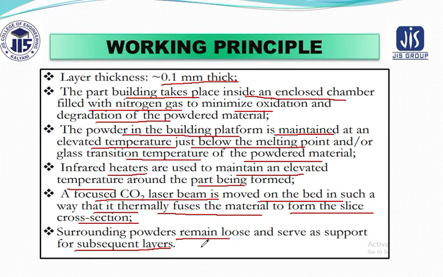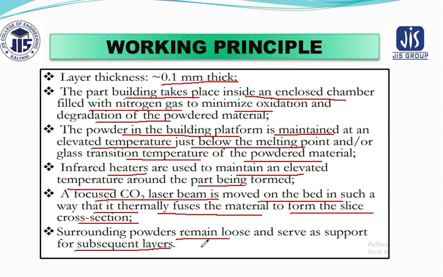And one important thing, which is very interesting, is that the powder surrounding the object remains loose and also serves as support for the subsequent layer, because ultimately, whatever we do in the rapid prototyping process, it can be stereolithography also, it can be selective laser sintering also, the material we are depositing is layer by layer.